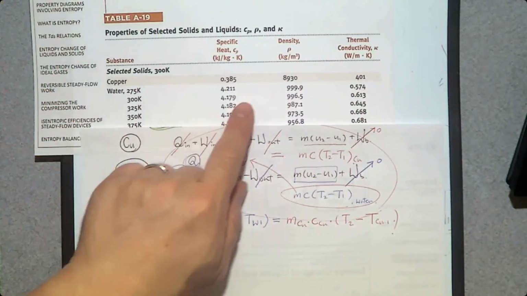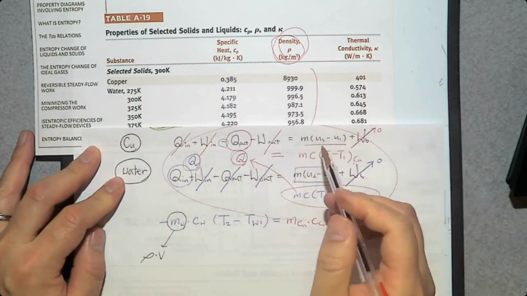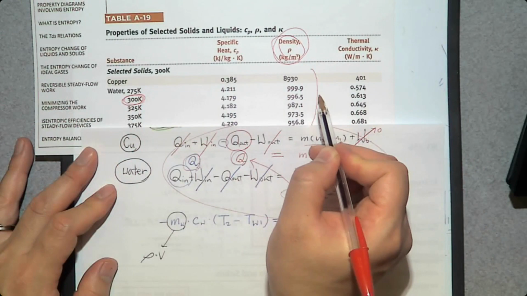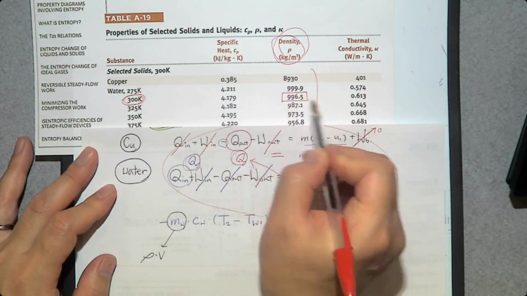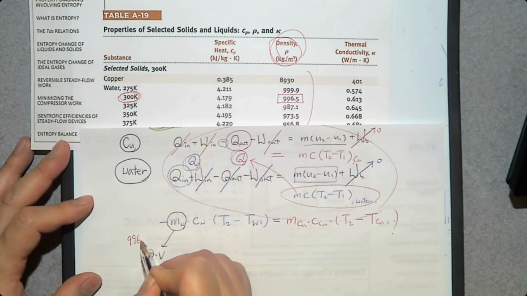The density of water is a function of temperature. So let's select the room temperature, and the density is going to be 996.5 kilogram per cubic meters.